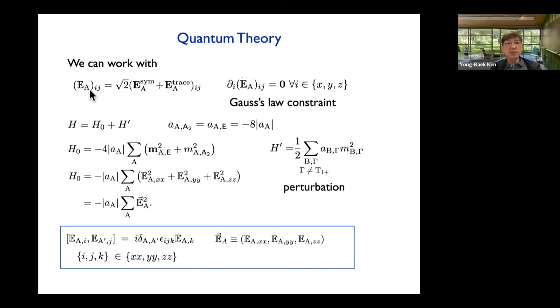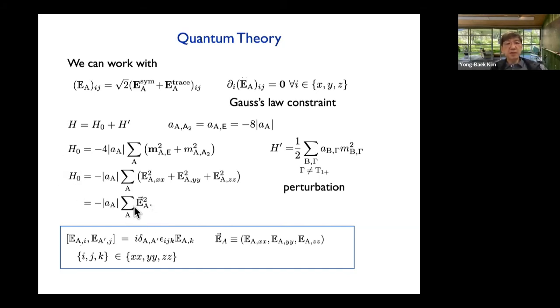Namely, since this electric field is now diagonal, if you sum this up, it turns out that it's just a sum of squares of the diagonal components of the electric field tensor. And then you can think of this as the x, y, z components of some vector, E_A. So the entire model just becomes some electric field squared term.